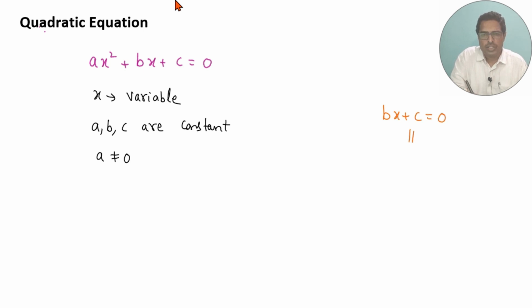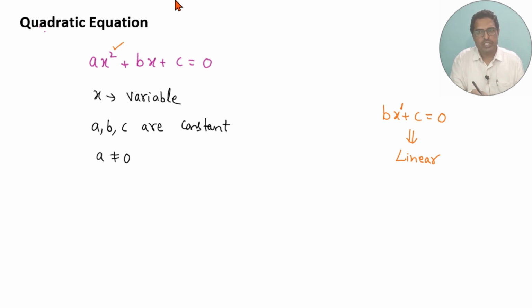Then this equation will be called a linear equation, because the power of x is 1 over here. And here the power of x is 2, therefore such a type of equation will be called a quadratic equation.